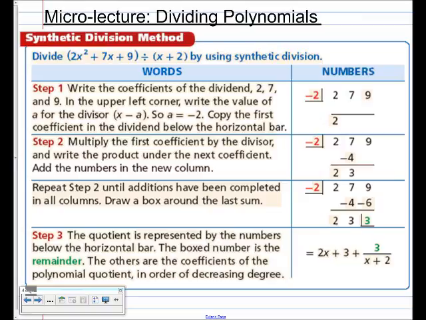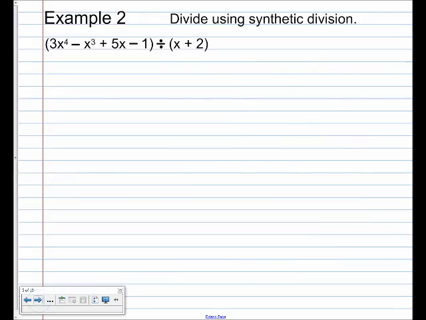But that's why I'm here. I'm not going to ask you to read this, but I am going to ask you to read it on your own time. You should be reading these slides on your own. So let's talk about how we can do this with an example that looks somewhat similar to the one we just did, but instead of using long division, we're going to use synthetic.